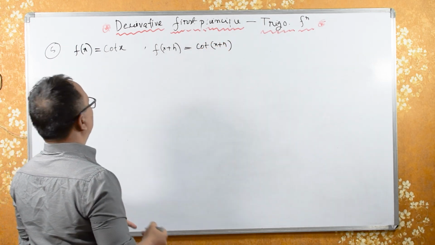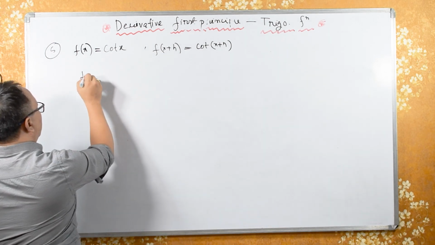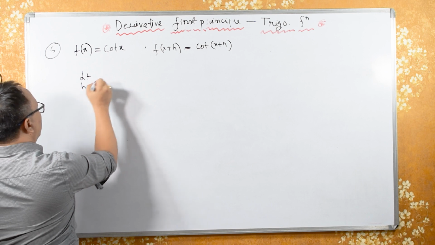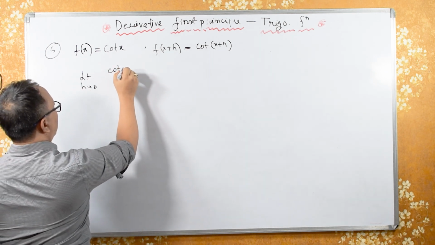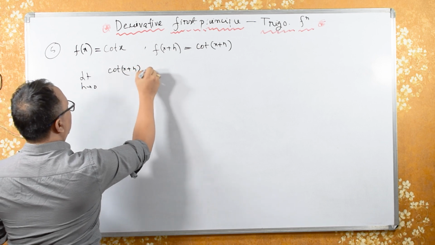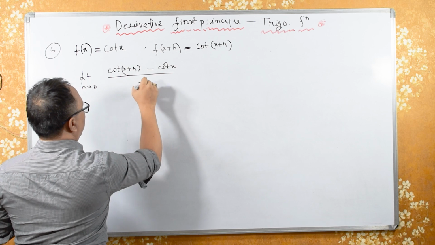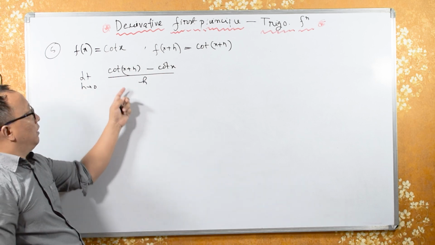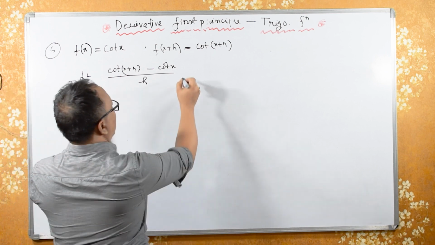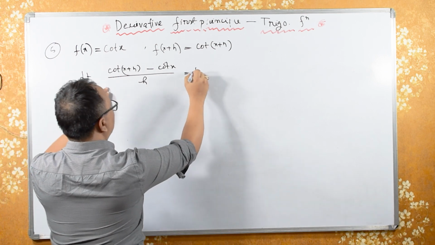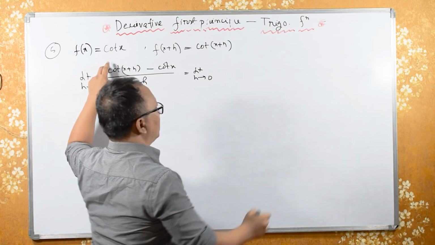By the first principle formula, limit of h tends to 0, f of x plus h means cot of x plus h, minus cot of x, upon h, where h tends to 0. Why? Because this is f of x plus h minus f of x upon h. Now from here, converting, cot is what? Cos by sine.